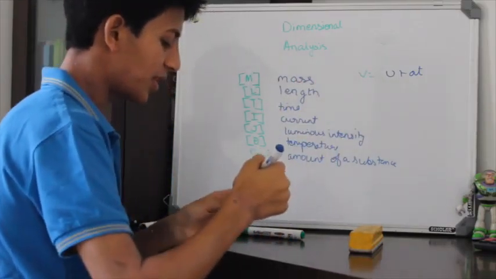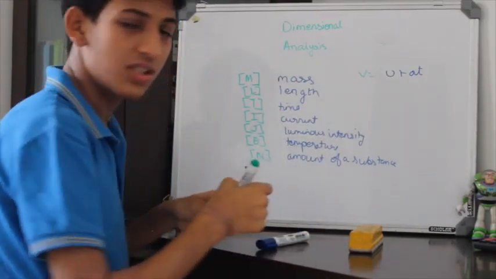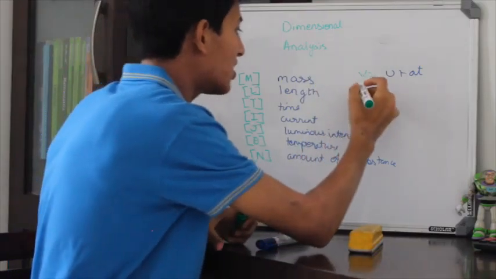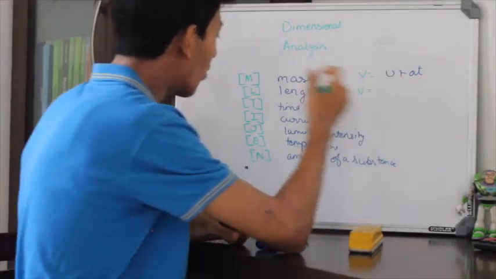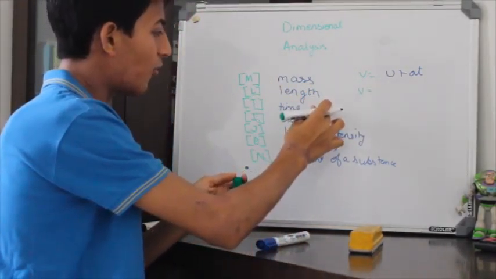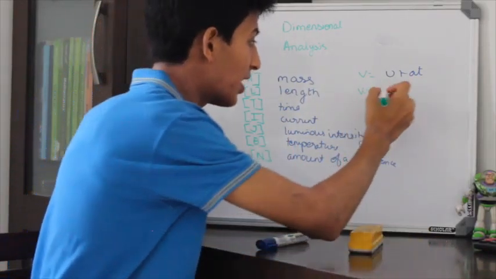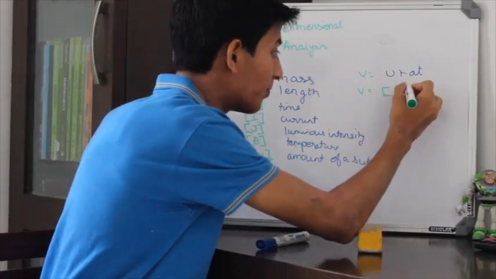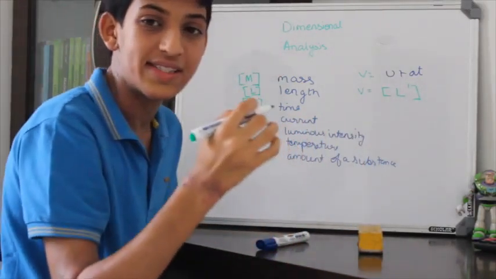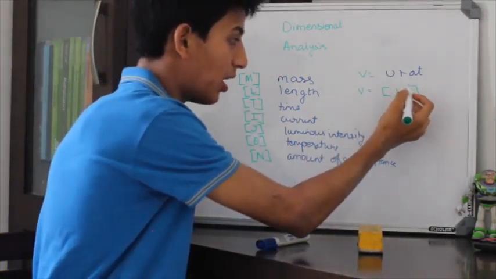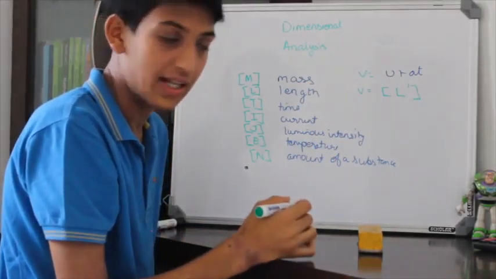Now what is v? v is nothing but velocity, and velocity is displacement over time, and displacement will fall in the dimension of length because you measure how far it goes. So we write [L], and always remember it is necessary to mention the powers in a dimensional analysis.